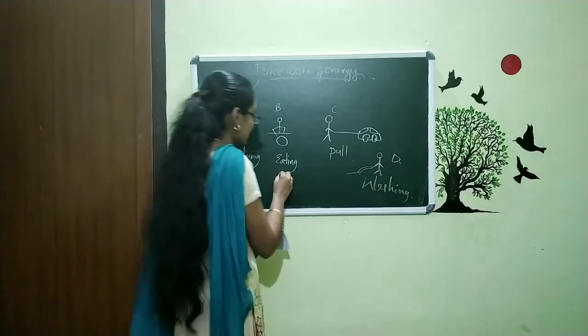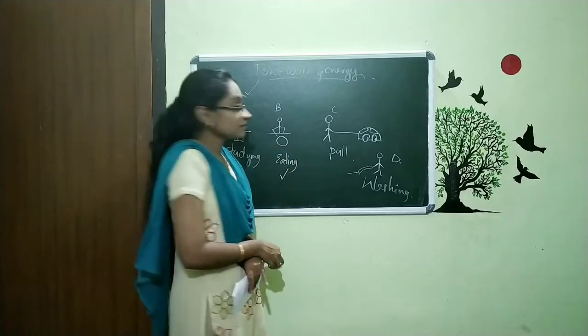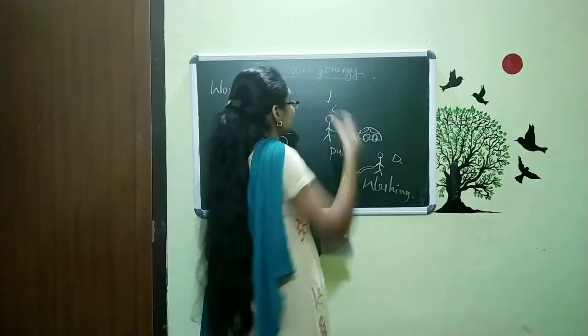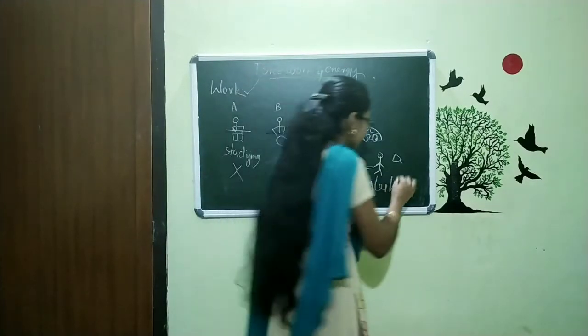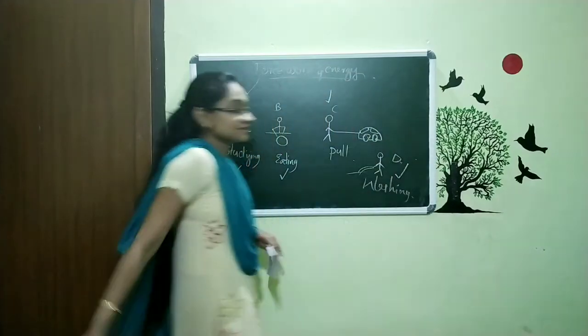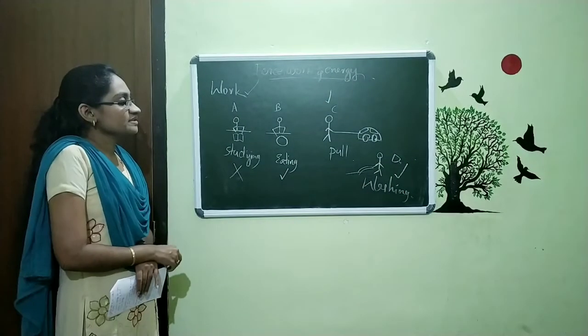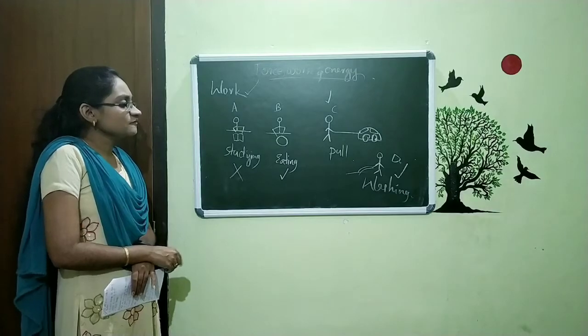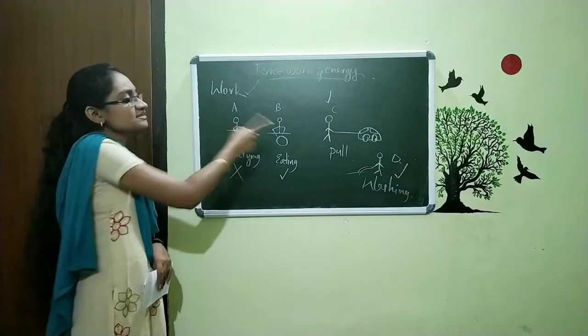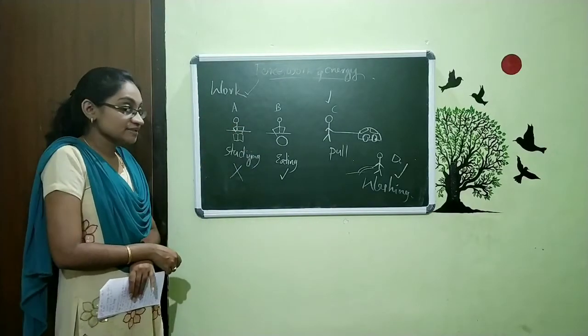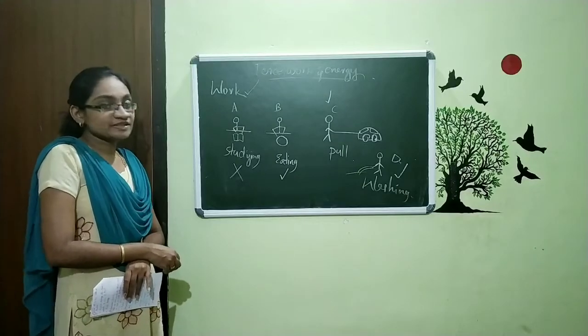But for B, work happens. For C, work takes place. And for D, work is done. So what is the difference between A and B, C, D? That we are going to discuss.